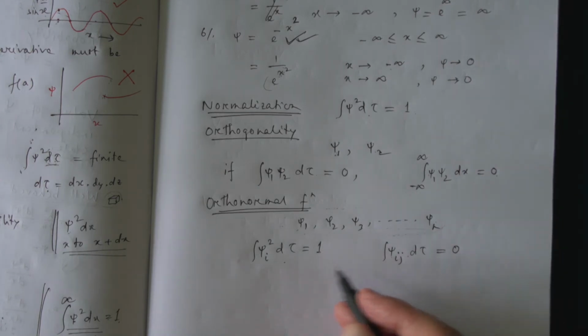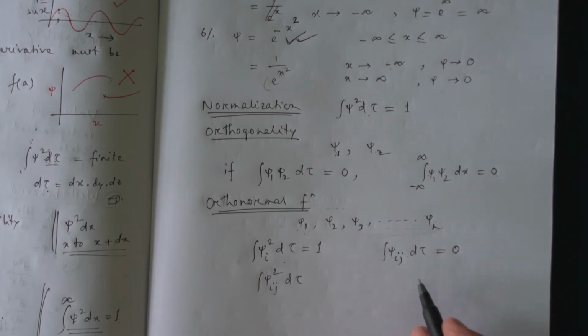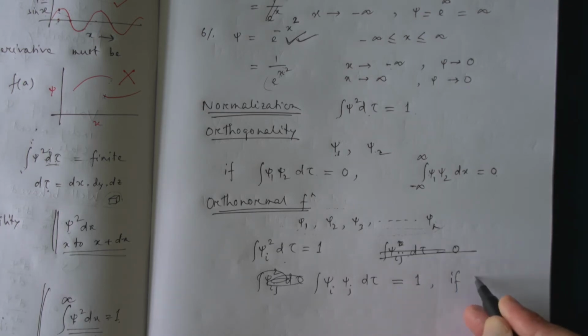We can write it like this also: integration of psi i psi j d tau is equal to 1 if i is equal to j, and this is equal to 0 if i is not equal to j.